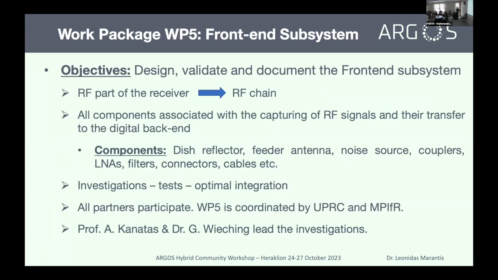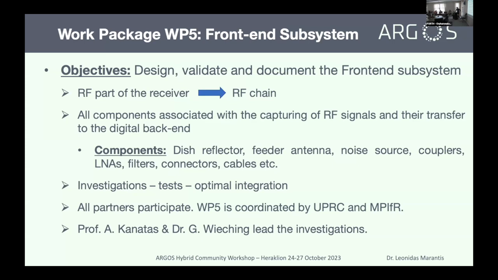And in general, when we say front-end, we mean the RF part of the receiver, the RF chain, as we usually say, and all the components that we use in order to capture the RF signals and transfer them to the digital backend part of Argos. Components like this reflector, the feeder antenna, noise source for the noise calibration, directional couplers, LNAs, filters, connectors, cables, etc.